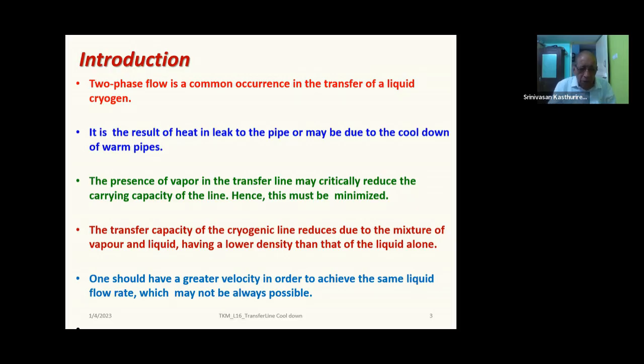So the transfer capacity of a cryogenic line reduces because of the mixture of vapor and liquid, and particularly because of the lower density. Vapor has a lower density than that of liquid, and therefore if you get only vapor, okay, then you are not going to fill up the container which is the receiver. Okay.